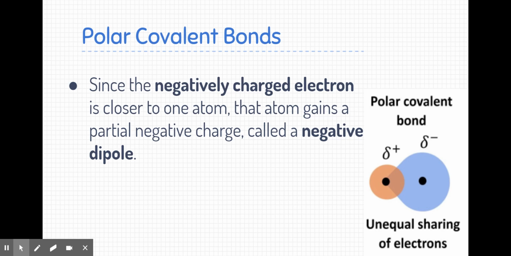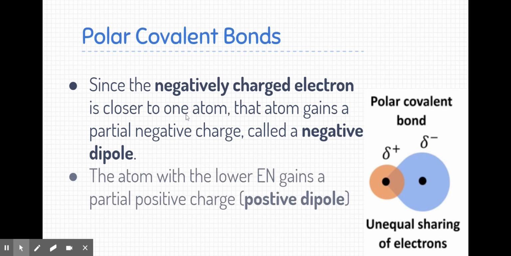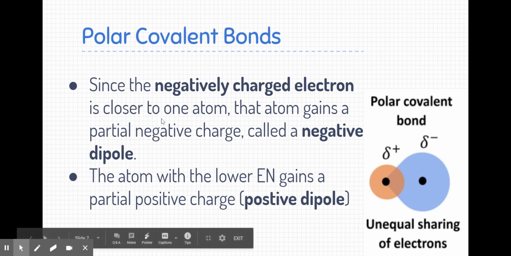So the atom which gains more control of that electron gains a negative dipole. The atom with the lower electronegativity gains a partial positive charge, a positive dipole.